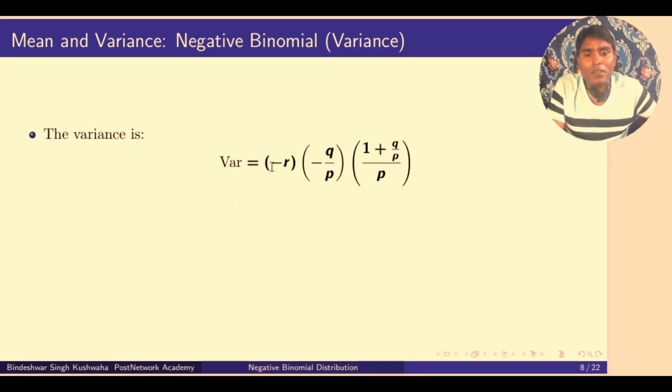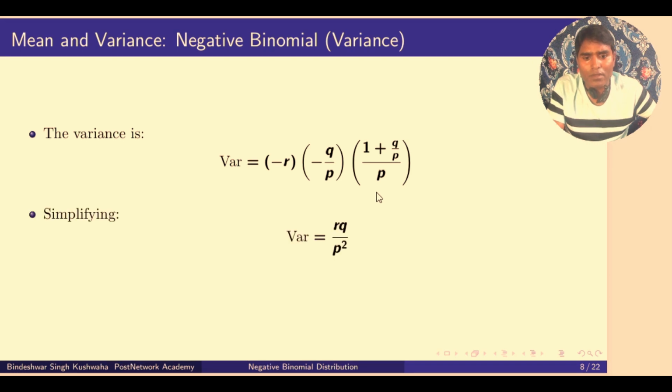Now the variance would be rq upon p square. You can also try to derive it using the formula variance of x equals expected value of x square minus the square of the expected value, and you will get the same result.